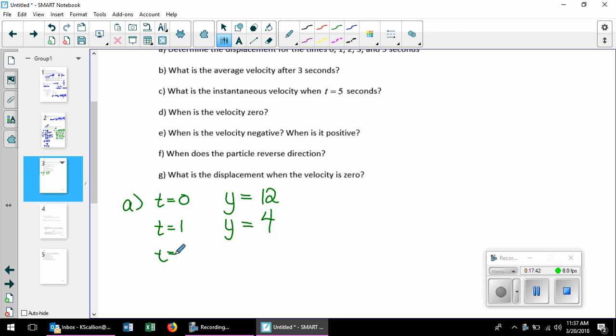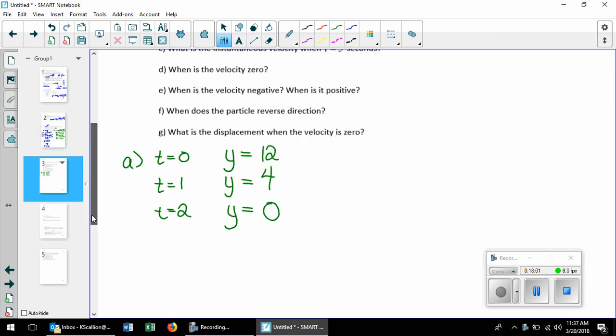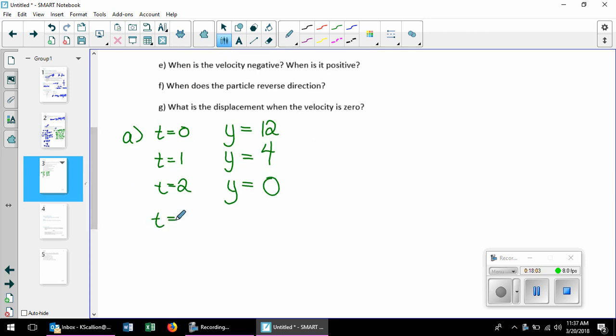At t equals 2. Right at 0. I thought somebody said. At t equals 3. Y equals?